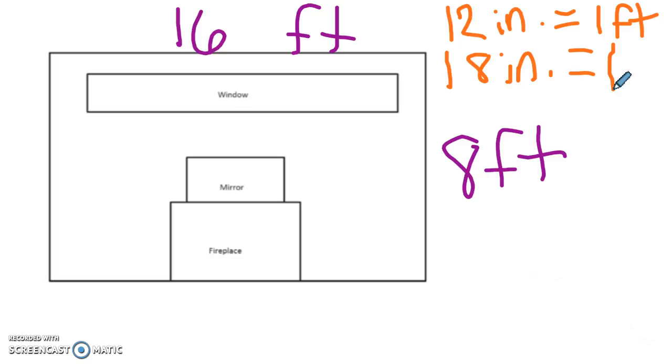And I noticed that 6 inches is half of 12 inches, which means that half of a foot equals 6 inches. So 18 inches is 1.5 feet, or you could write it like 1.5 feet for 18 inches.